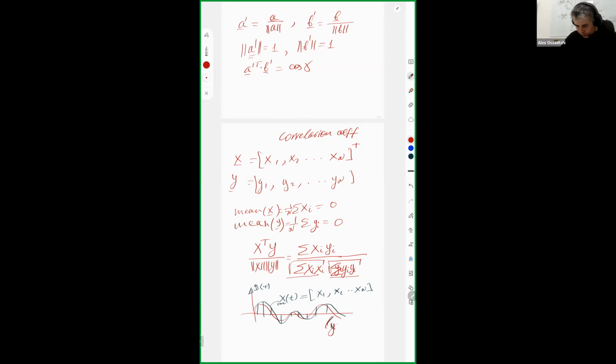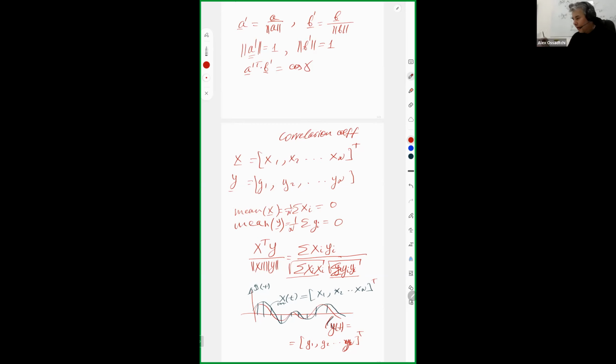We also had some y of t originally, but you sampled it, and you have y1, y2, up to yn, right? Then, if you normalize them and compute the scalar product between the two vectors, you can compute the measure of similarity, right?